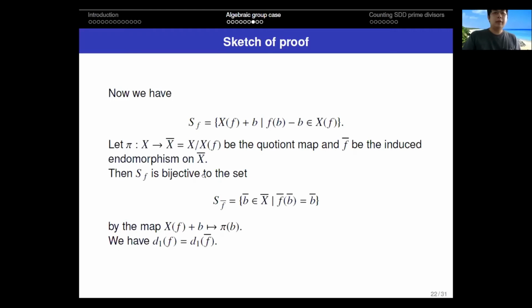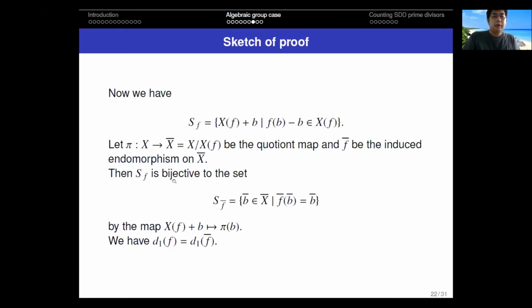And then we take the quotient by X_F. The quotient map is pi. Since X_F is F-invariant, F induces an endomorphism on X bar, denoted by F bar.